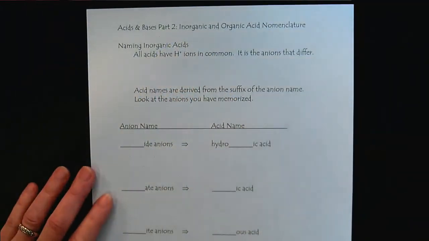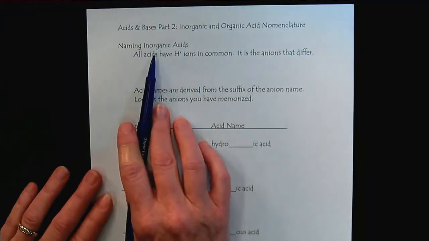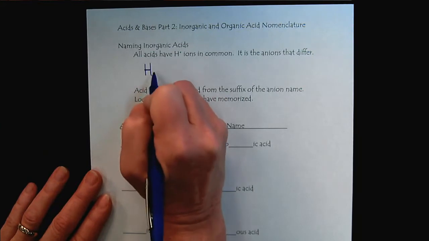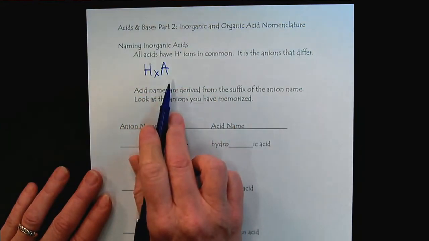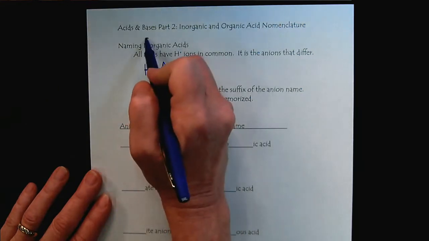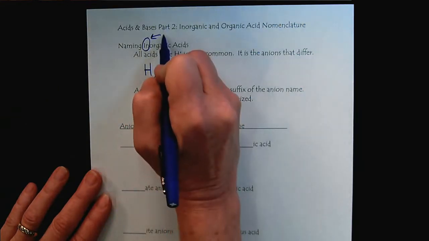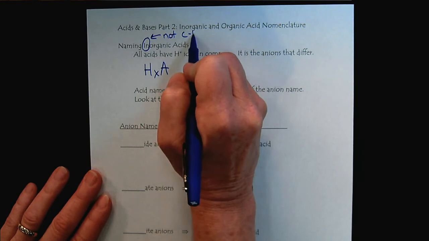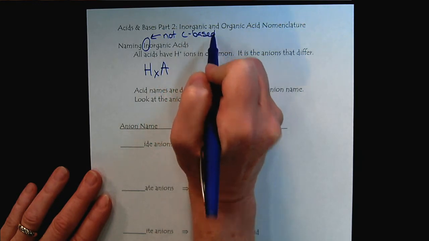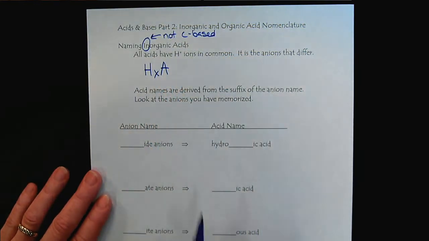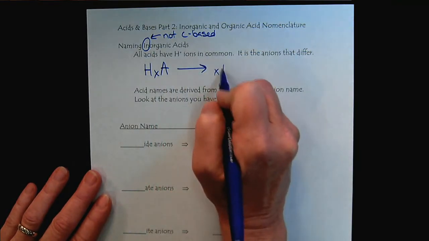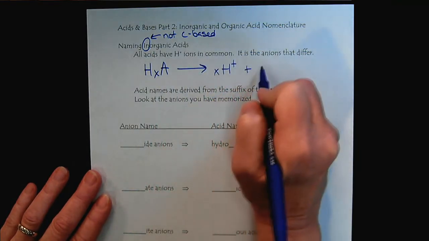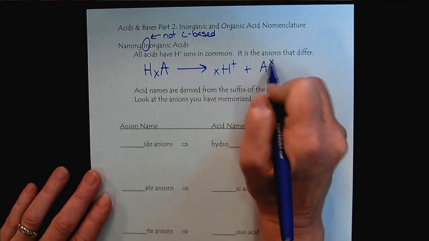Let's get started. Particularly for inorganic acids, we will symbolize them HXA-. Inorganic tells us not carbon-based. When these acids are added to water, they release the hydrogen ions and an anion.